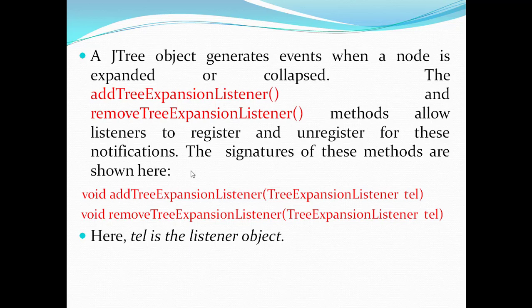The signatures of these methods are shown below. void addTreeExpansionListener(TreeExpansionListener tel). Second method, void removeTreeExpansionListener(TreeExpansionListener tel). Like this, registration and unregistration of the events of the tree we can perform. Here tel is the listener object.